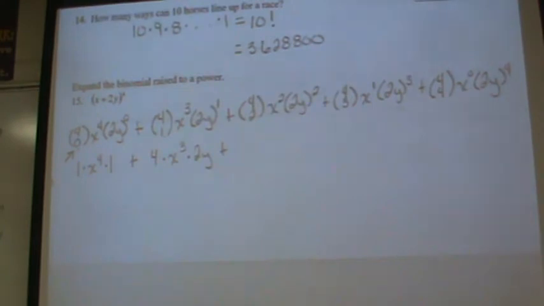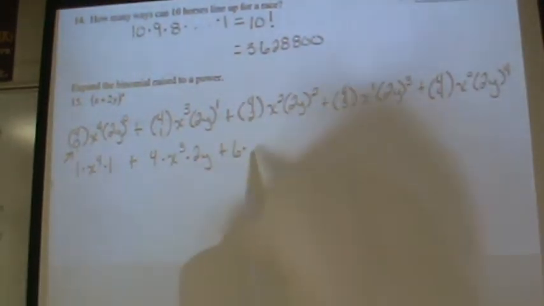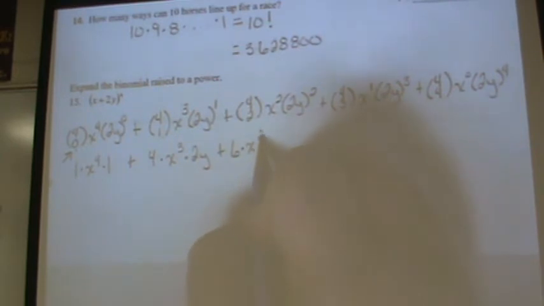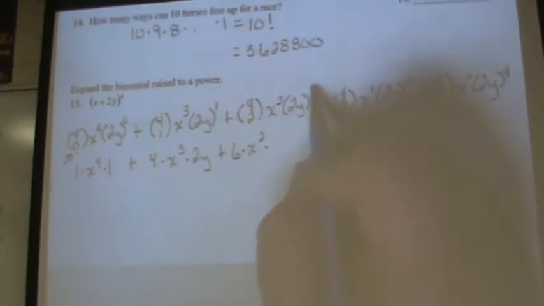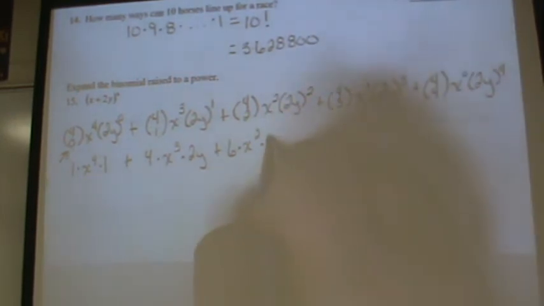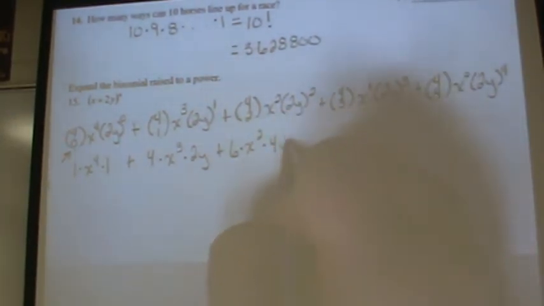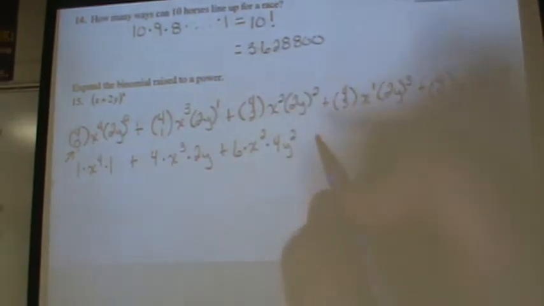Plus our next combination gives us a 6 times the x squared times 2y squared. So we have to distribute that squared to the 2 and to the y. So we have 2 squared is 4, and then y squared is what this term becomes.